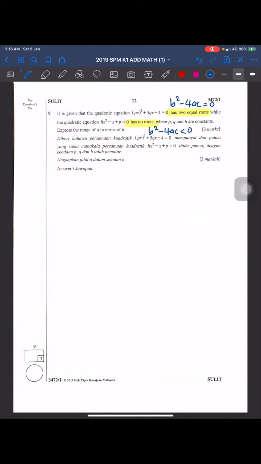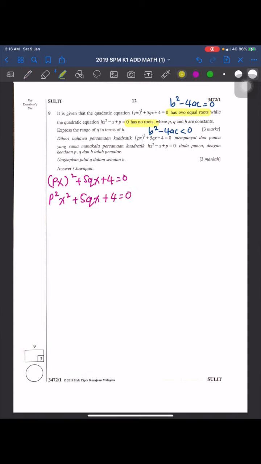Okay, so macam ni kita nak buat. Kita selesaikan the first part ini terlebih dahulu. Saya salin balik equation kita ada px square plus 5qx plus 4 equals to 0. So saya expand, saya akan dapat p square x square plus 5qx plus 4 equals to 0.